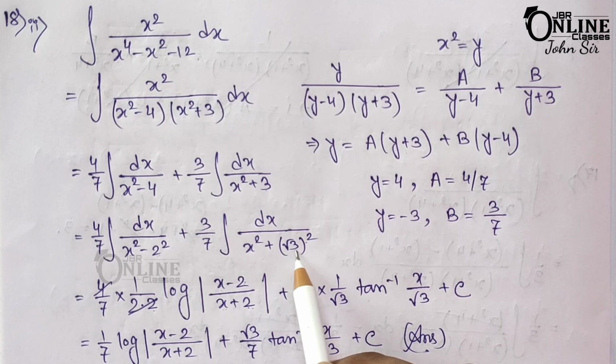Next, sum number 19(1). Integration dx by x to the power 4 minus 1. So x to the power 4 minus 1 means x square plus 1 x square minus 1. Okay, so here I adjust this one, x square plus 1 minus x square minus 1. So 1 will be 1 plus 1 will be 2 and x square cancel out. So here is 2.